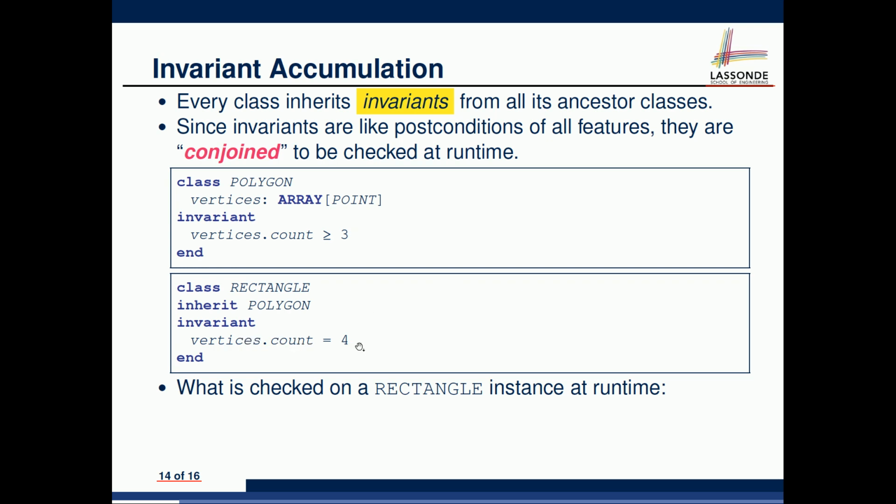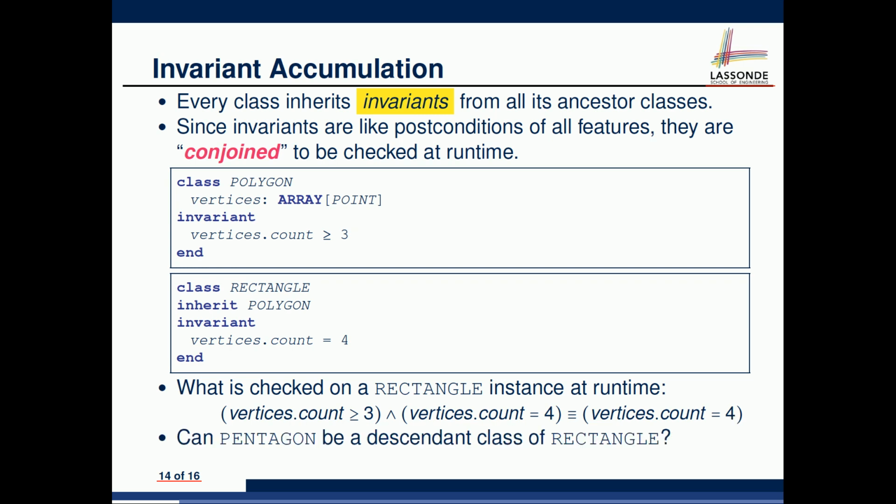It's actually going to check two things: vertices.count larger than or equal to 3, and vertices.count equals 4, because it makes sure both are true. To be honest, effectively vertices.count equals 4 is a stronger one, so checking that will be enough. But anyway, that's more about efficiency. So what will be checked at runtime is that this and this are true, which means it equals 4. Now, let's think about one exercise for you.